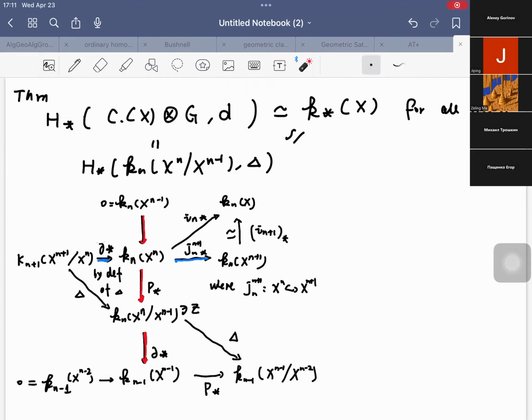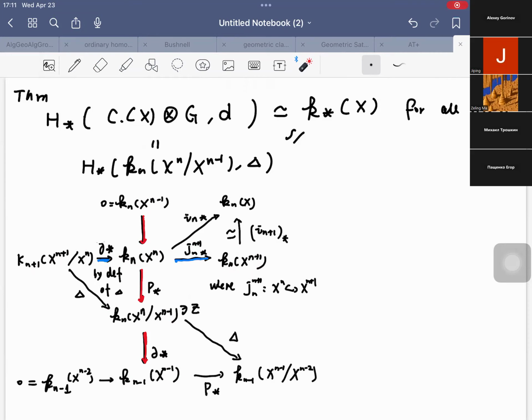I can explain this because this is just the exact sequence here. Yes, so the red column is just the long exact sequence of the couple Xn, Xn minus 1. Nothing, no surprises there.